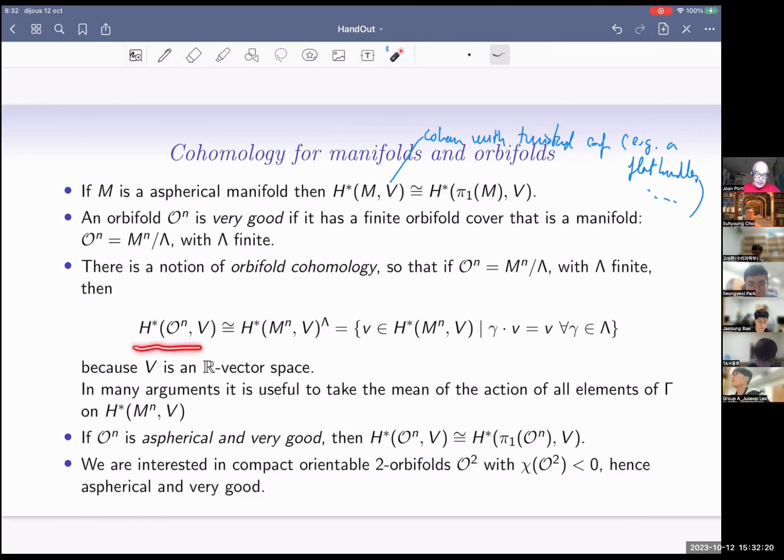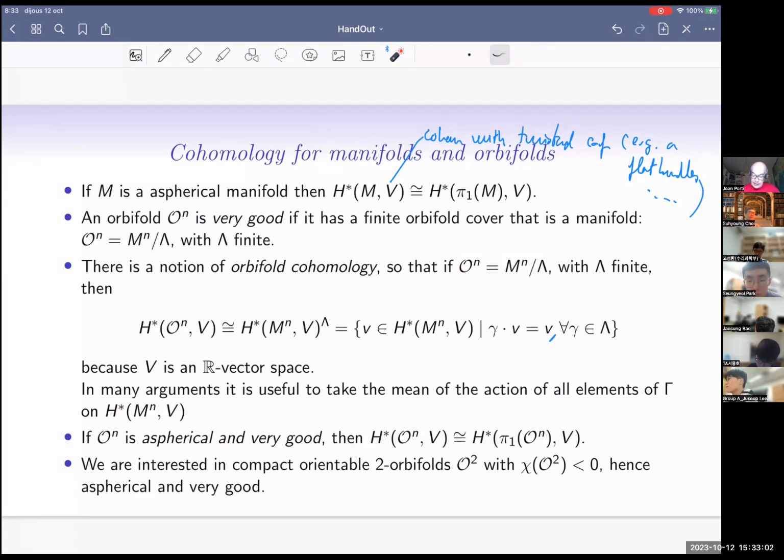The point is that the orbifold cohomology is the same thing as the invariants of the manifold cohomology. So if our orbifold is a quotient of a manifold, I just need to compute the manifold cohomology and take the elements which are invariant. Okay? So everything works for manifolds, and then many things you can translate to orbifolds, just taking the invariants or taking means and so on. So this is not really an issue. You can do it for orbifolds, but don't worry about it.